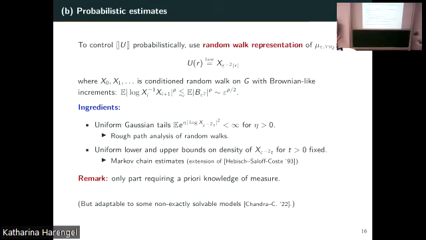We know that this holonomy of U around a rectangle is precisely equal in law to a random walk evaluated at the area of the rectangle, so basically the number of plaquettes inside the rectangle. This is a conditioned random walk. It's conditioned to hit a certain subgroup of your group depending on which manifold you're in. If you're in a torus, it's the commutator group, and it has good estimates on its increments, essentially Brownian-like increments.